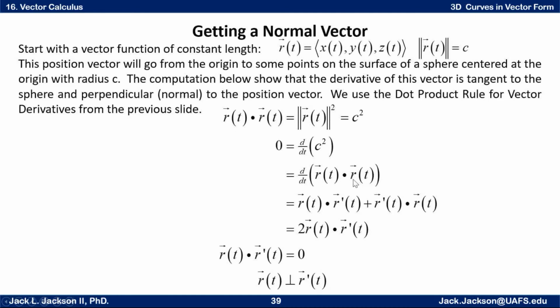The derivative of r dot r, according to our dot product rule, is r dot r prime plus r prime dot r. Well, wait a minute. Dot product is commutative, so both of these are just r dotted with r prime. So we have 2 of the r dot r primes. We'll divide both sides by 2, and we see that r dot r prime is 0. The dot product of two vectors is 0 if and only if they're perpendicular. So we set out to prove what we wanted to do.